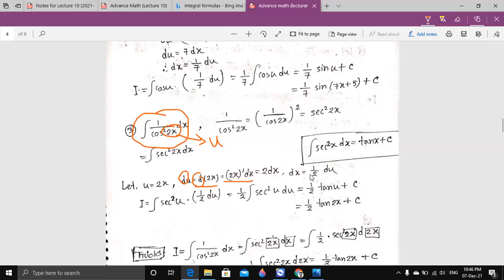And now if we only keep dx on one side and take everything else to the other side: the derivative of 2x will be only 2, and if we take 2 to the left side, it will be divided.